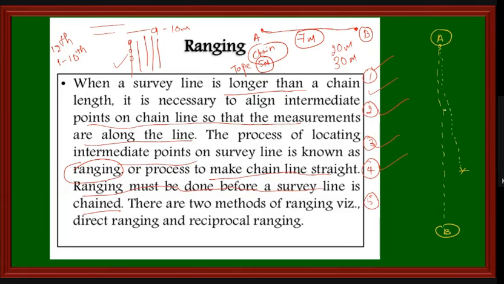Without intermediate points, if I calculate the distance between A and B, it will go like this. The actual distance between these two is 7 meters, but without intermediate points, if we calculate, it will be 7.5 meters, which is wrong. So we will establish the intermediate points. Say I will establish the intermediate point at C. So when I hold a tape, I will hold up to this point.